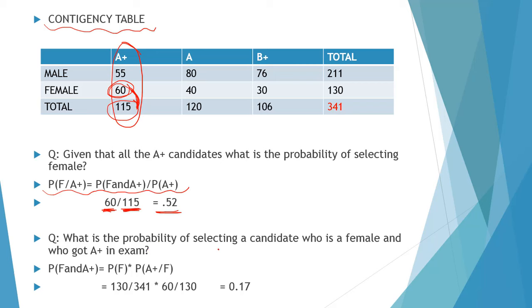What is the probability of selecting a candidate who is a female and who got A plus in the exam? Just a little variation of words, but here you have to calculate a joint probability that also involves a conditional probability. Probability concepts are not confusing if you pay attention to little variations. You can best understand it with the help of a tree diagram.